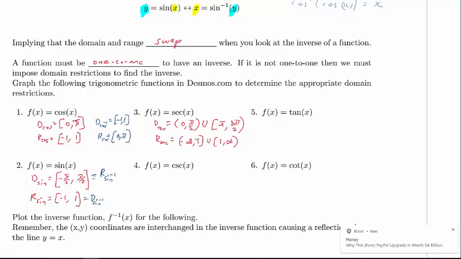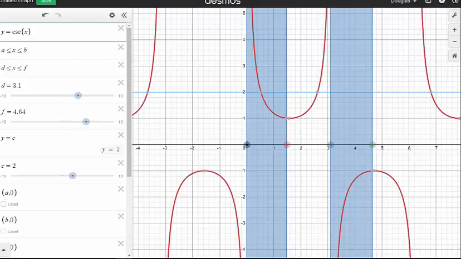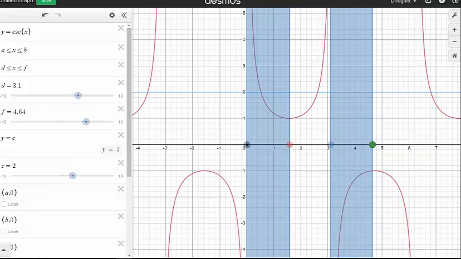Alright, now for cosecant it'll be pretty similar. Alright, now we're on cosecant and we're going to go ahead and, again, very similarly, okay, so note that we now have cosecant up. Note that the same domain restrictions we had before still apply, right?